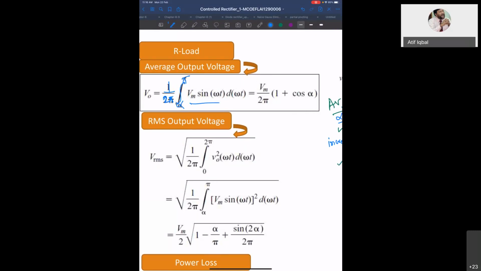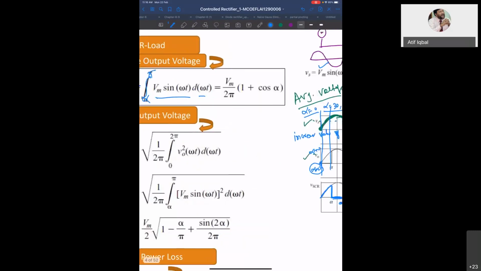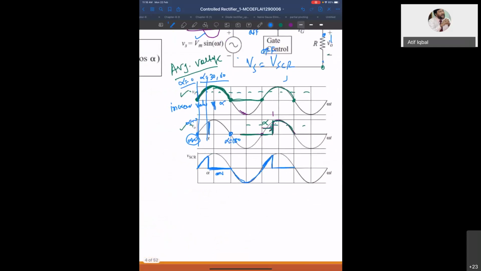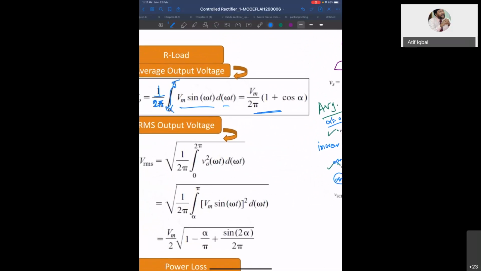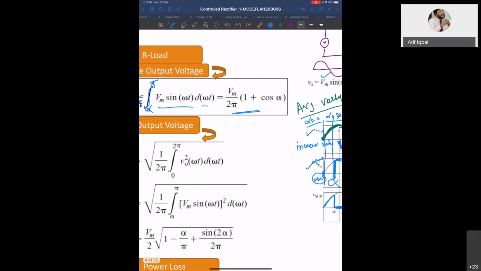And this is your source voltage, d omega. So this is your average voltage. So I have to integrate from alpha up to pi, over the period 2 pi. So when you integrate this, you get Vm upon 2 pi into (1 plus cos alpha).